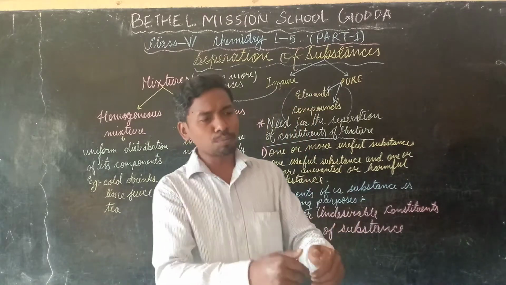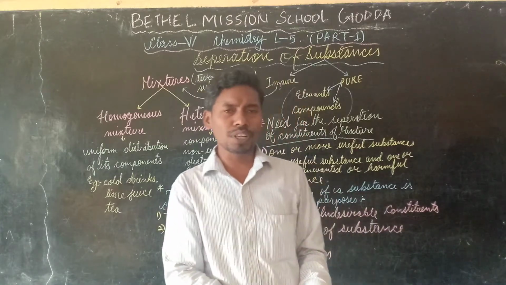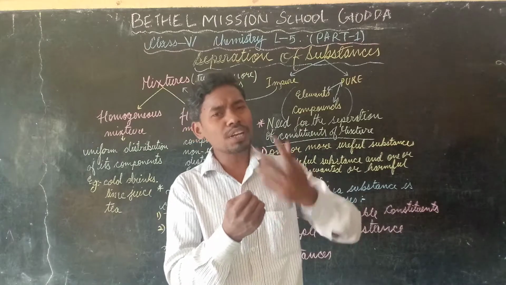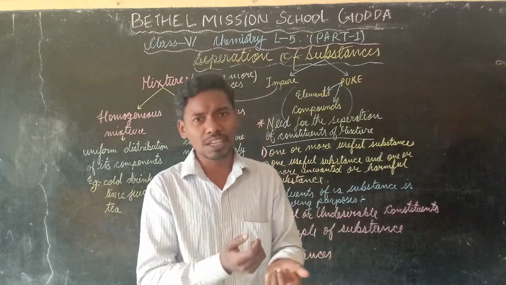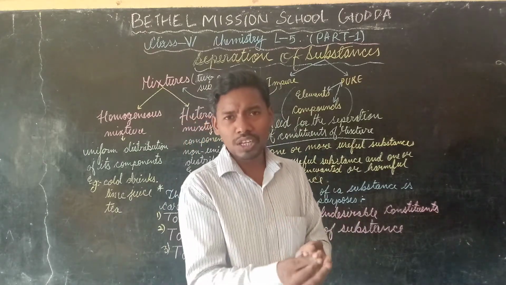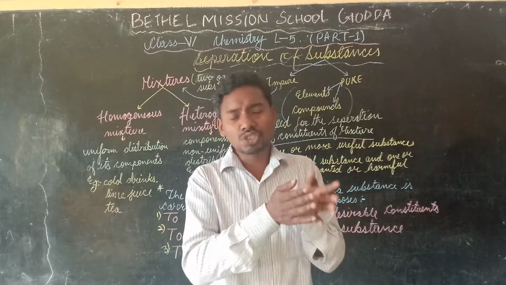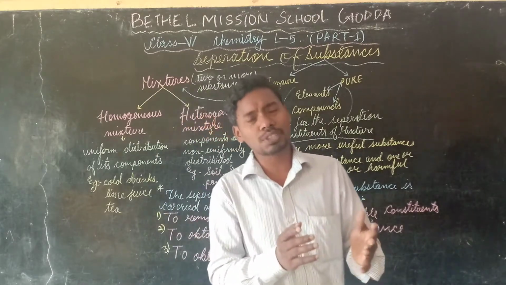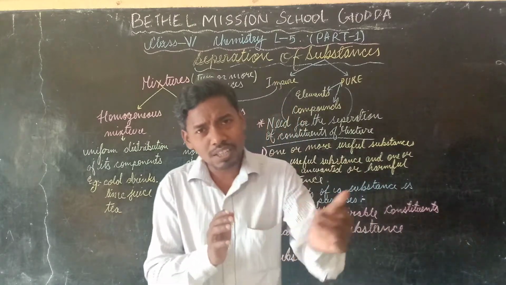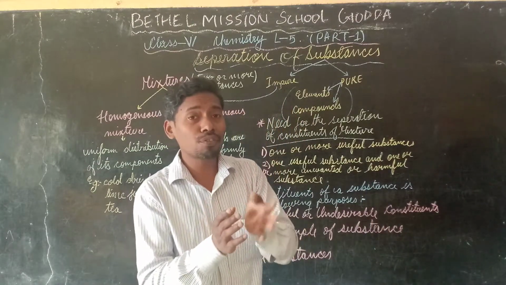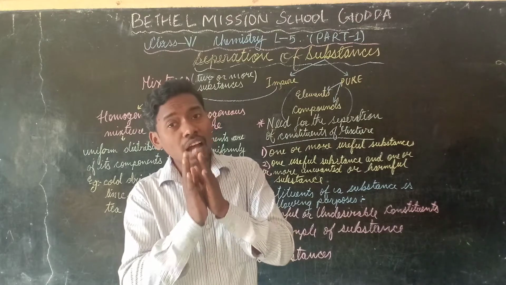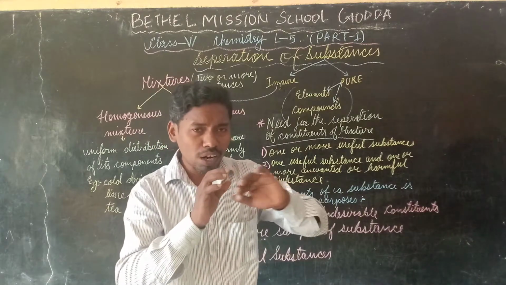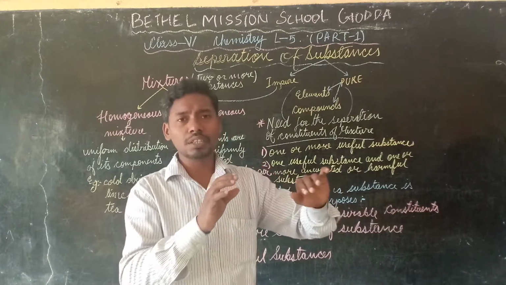When we dig it from the earth, it has so many impurities other than iron oxide, for example mud and other rocks. Those are unwanted substances, so they have to be separated from the iron oxide.